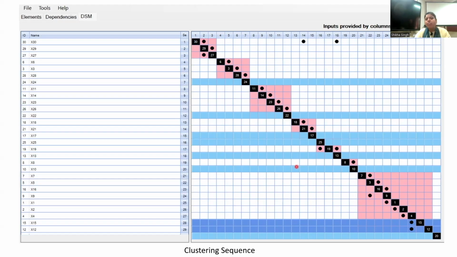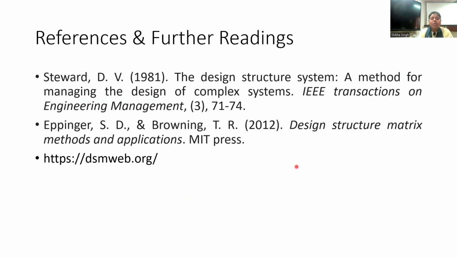One is MATLAB, which I've already explained. Other than MATLAB, you may use DSM Web to find many other available tools. Then, as I already explained, Steward's book, The Design Structure System, and his research paper published in 1981 contain very useful and insightful discussion.